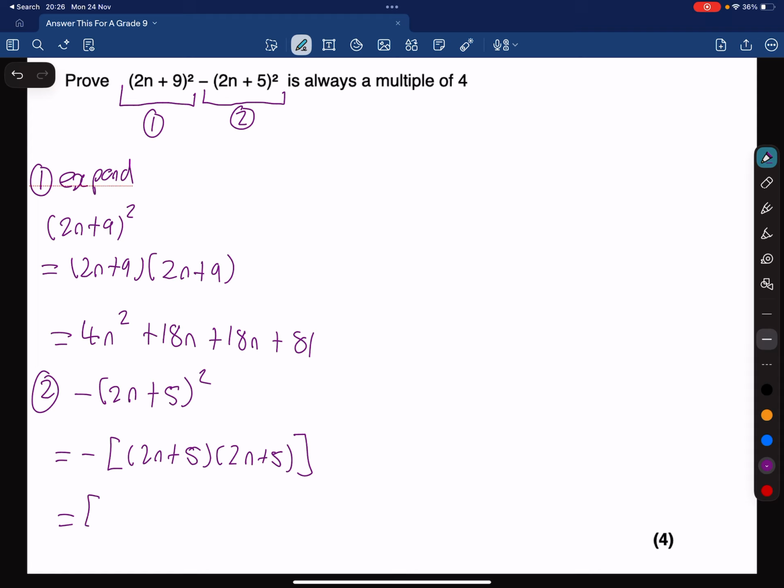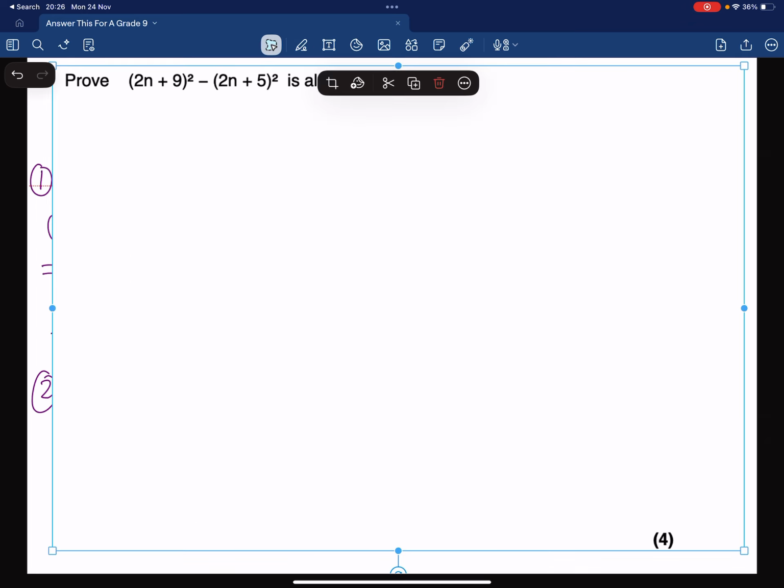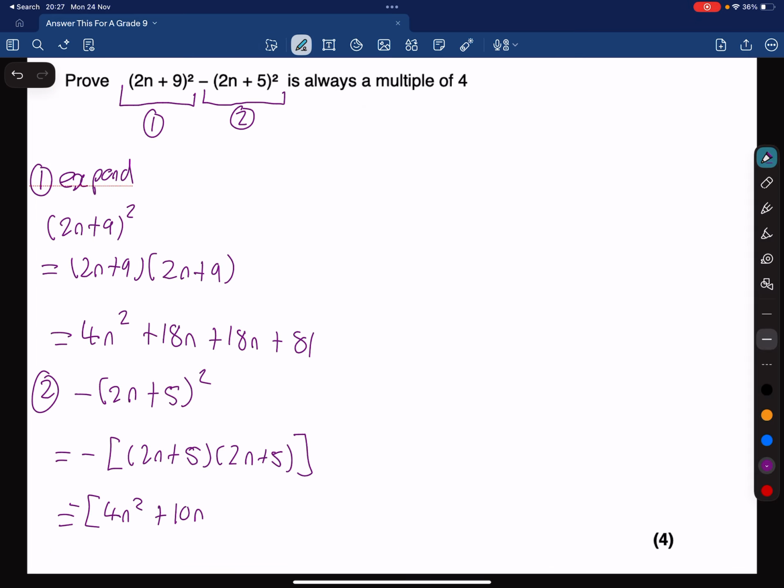And this is equal to minus, 2n times 2n, 4n squared, plus 2n times 5, plus 10n, plus 5 times 2n, which is another plus 10n, plus 5 times 5, plus 25. And that is equal to minus, 4n squared plus 20n plus 25.